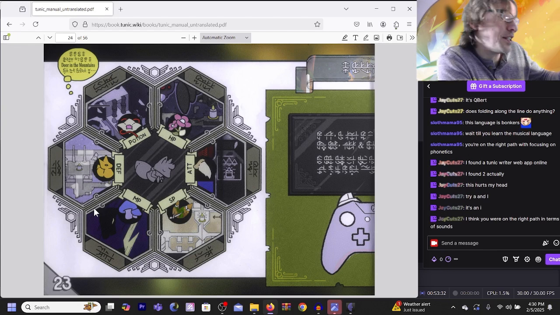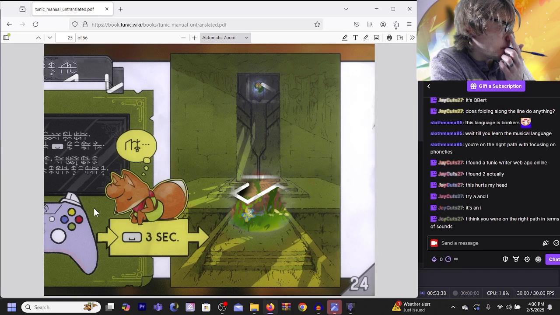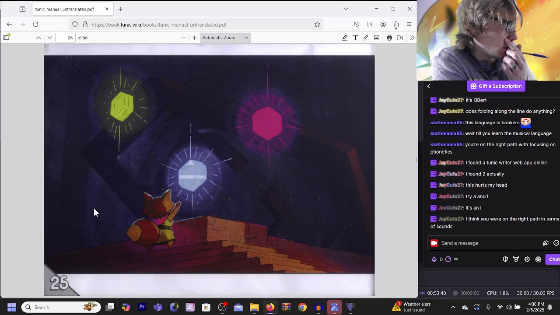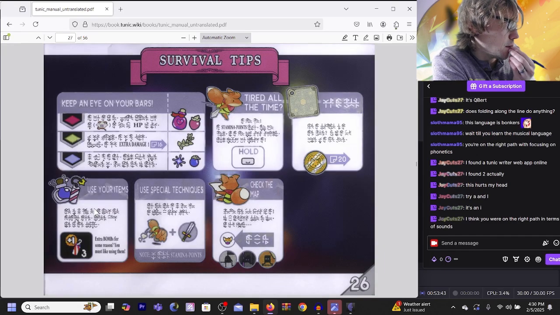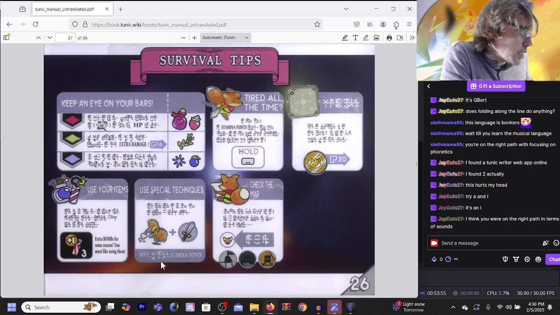I don't know if these symbols are upside down or not, so I'm not going to spend too much time thinking about that. Cool picture, bro. I bet this is the word uses.